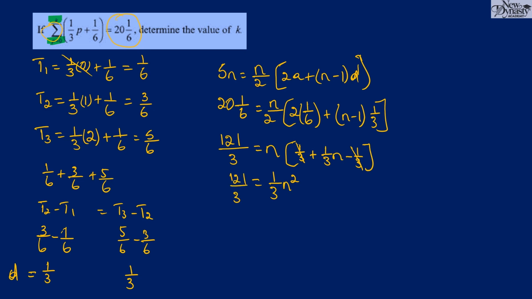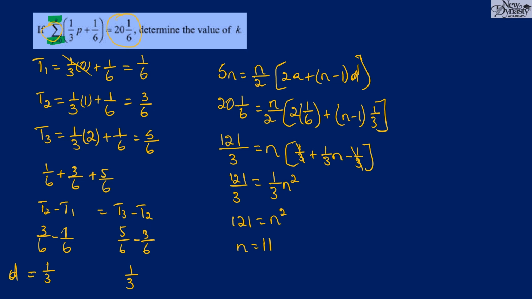Then you can multiply both sides by 3 so that you can remove your denominators. Then you're left with 21 equals n squared. Then you get the square root of 21. Therefore your n is going to be equal to 11.